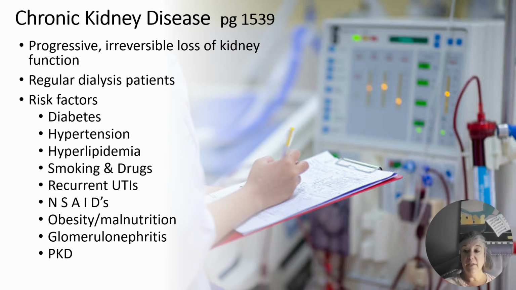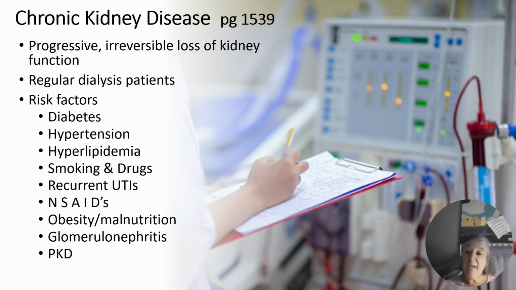So the thing with chronic kidney disease is it goes slow, right? So it is characterized by a slow increase in BUN and creatinine. It is a longer onset than AKI. And so the problem is, by the time it is identified, it has probably caused some significant damage. So that's part of the thing with chronic kidney disease. At least with AKI, we see those signs and symptoms pretty quick.